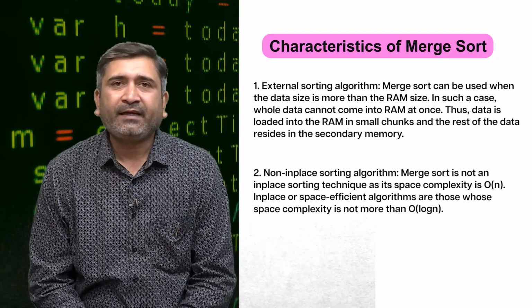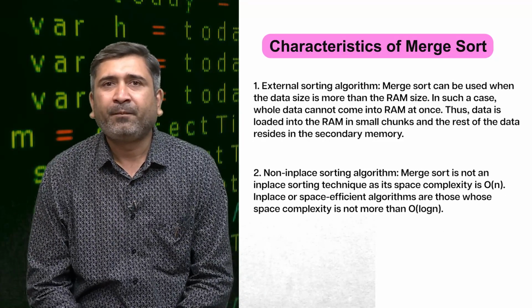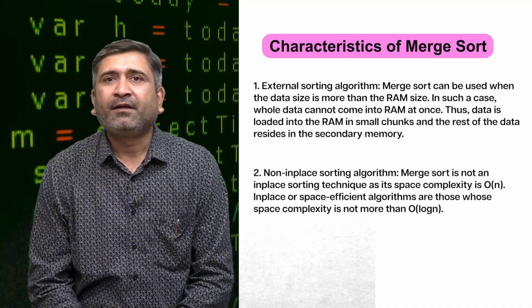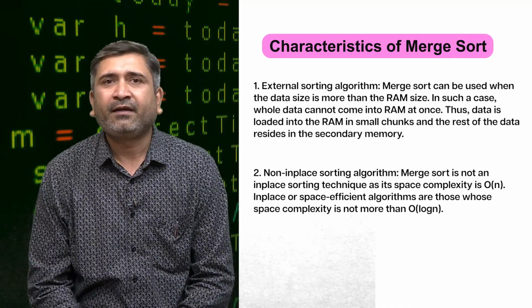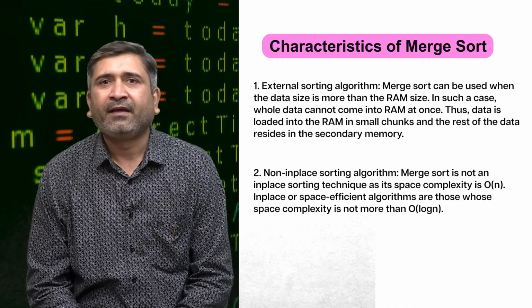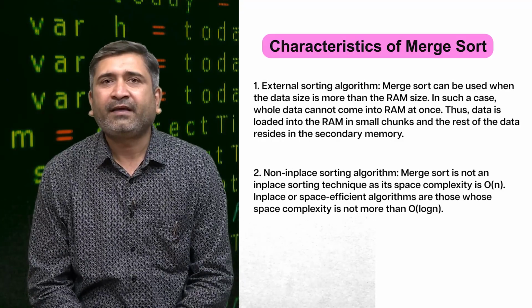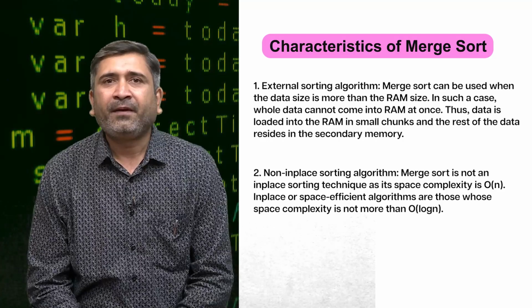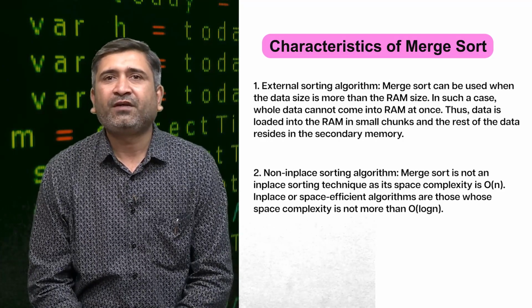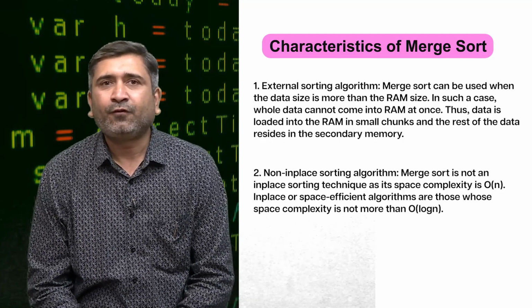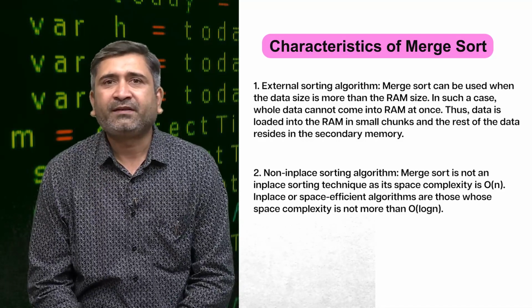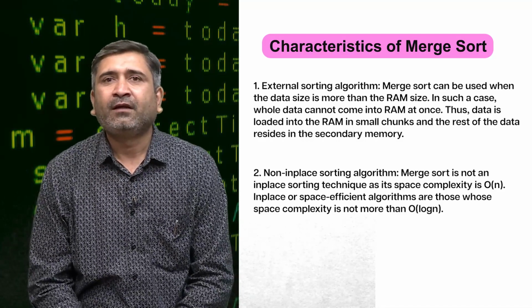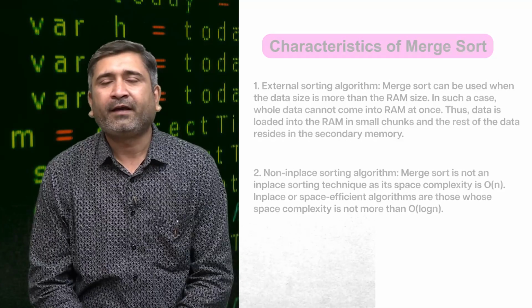The second characteristic is that it is a non in-place sorting algorithm. Merge sort is not an in-place sorting technique as its space complexity is order of n. In-place or space efficient algorithms are those whose space complexity is not more than order of log n.